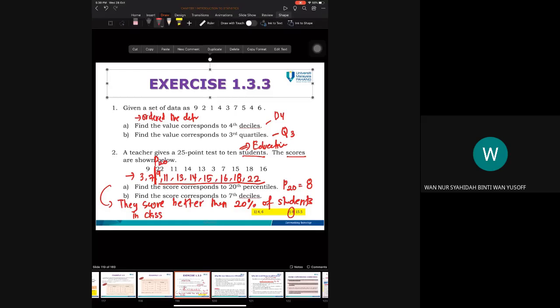We can say these 8 students are in the top 80%, and these 2 students are in the bottom 20%. Okay, that is the interpretation we can write about percentile, because we use it a lot to discuss the performance of students.